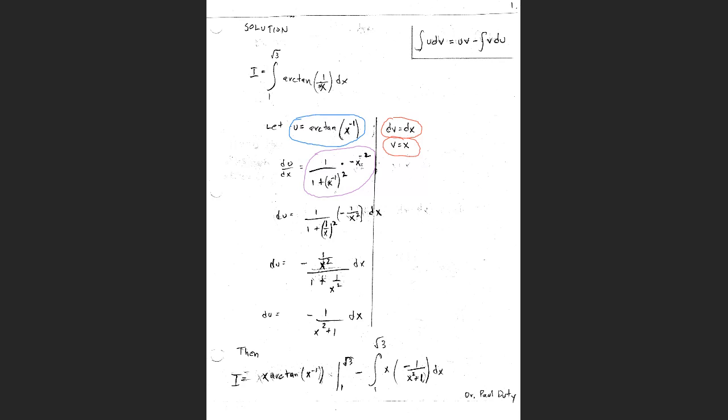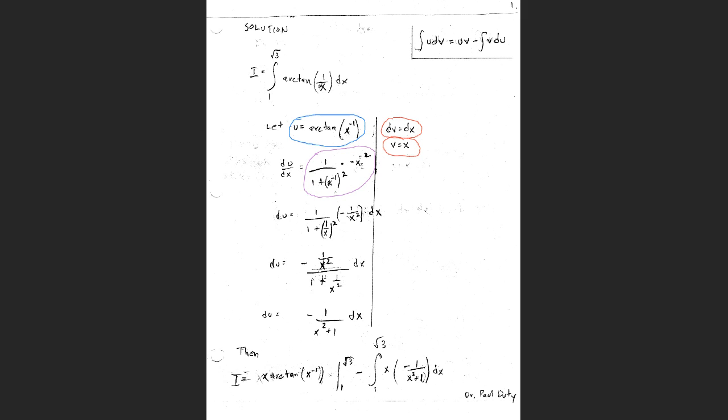I get 1 over a denominator of 1 plus x to the negative first squared, then times negative x to the negative second. What property for differentiation did we use there that you learned in calculus 1? What is that? Chain rule? Good. That's right. It's just the chain rule.